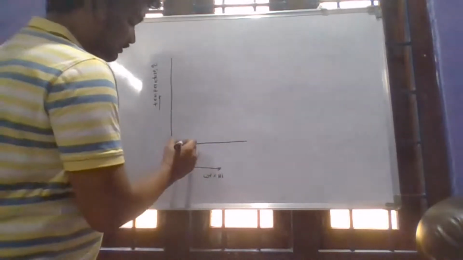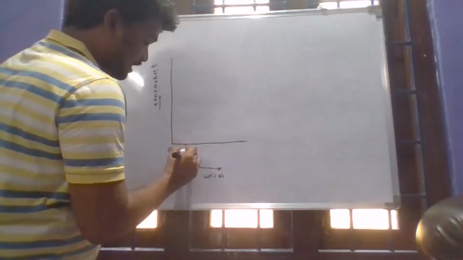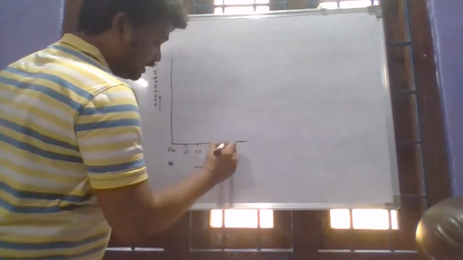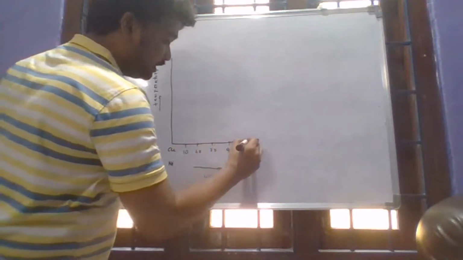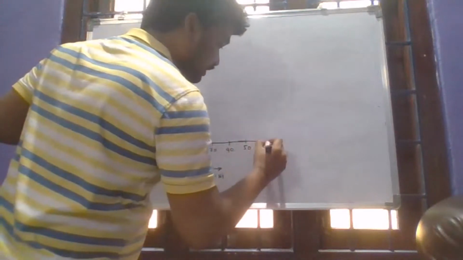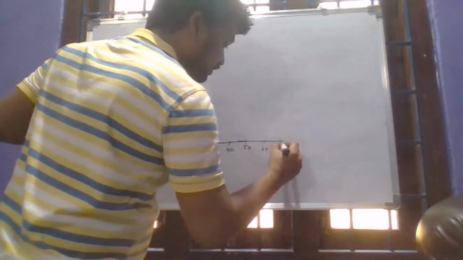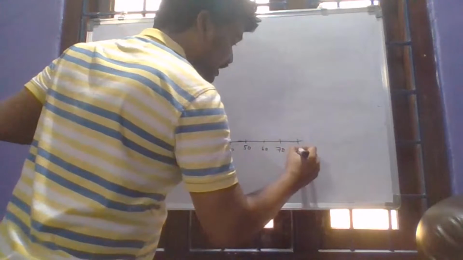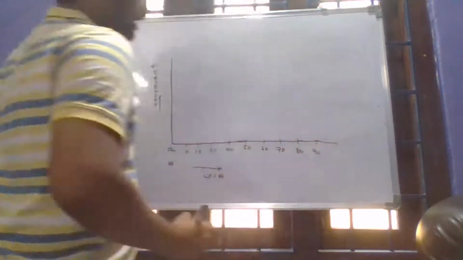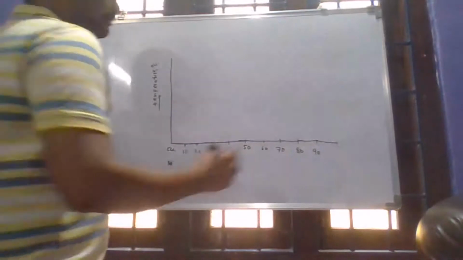We will divide it in terms of 10 each: 10, 20, 30, 40, 60, 70, 80, 90 and finally 100.